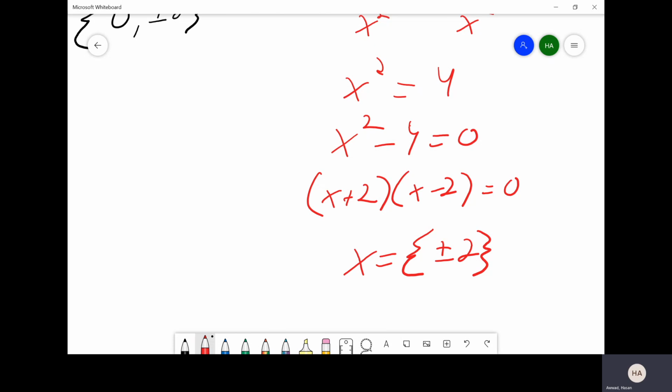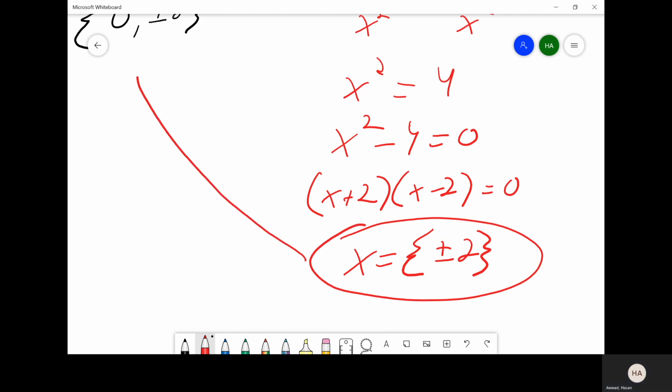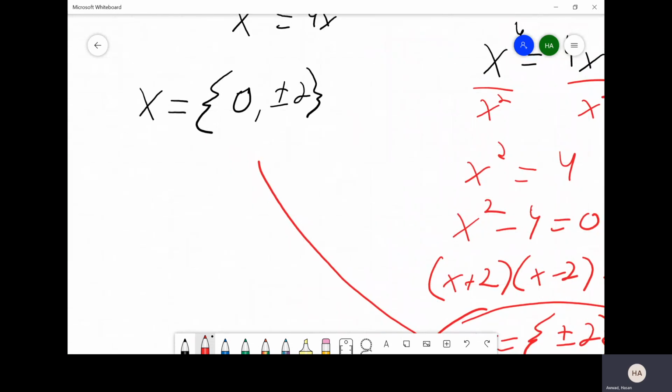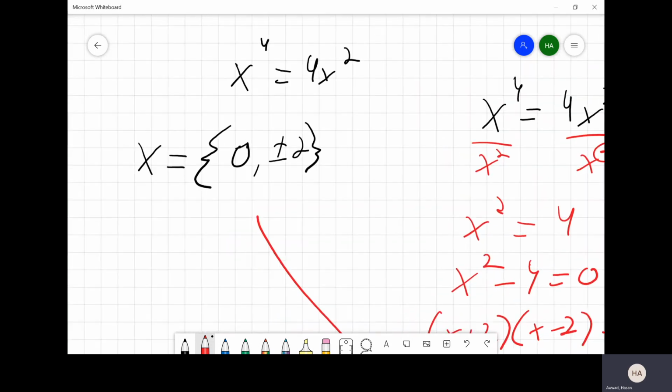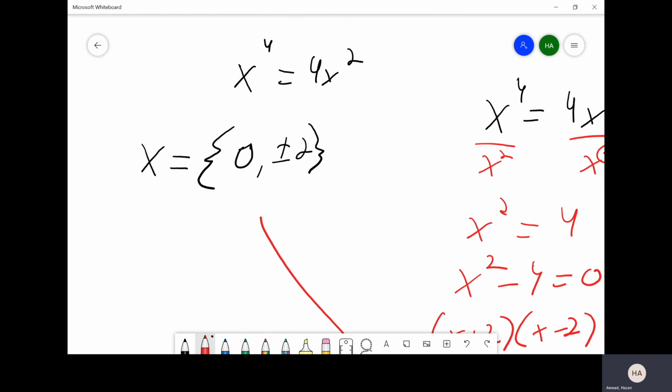Okay. What is the key difference between here and our original solution? Well, the key difference is that we're missing that 0, right? So we're essentially missing a solution. And actually, because we divided by x squared, and because 0 had a multiplicity of 2, remember, multiplicity means the factor was counted twice, we're not just getting rid of one solution, we're getting rid of 2 solutions.